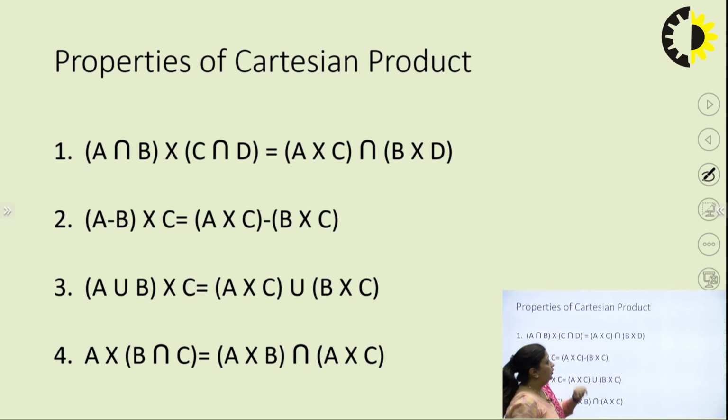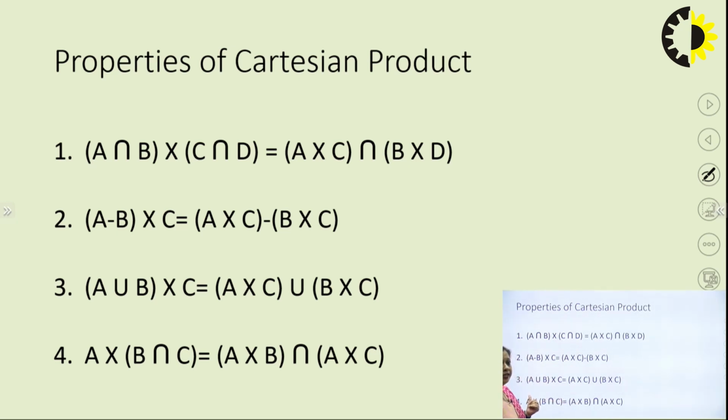This result will be equal to A cross C intersection B cross D. Here cross denotes the Cartesian product. Similarly, the second property says that A minus B, the difference of two sets A and B, and then its Cartesian product with another set C, is the same as A Cartesian product C minus B Cartesian product C.